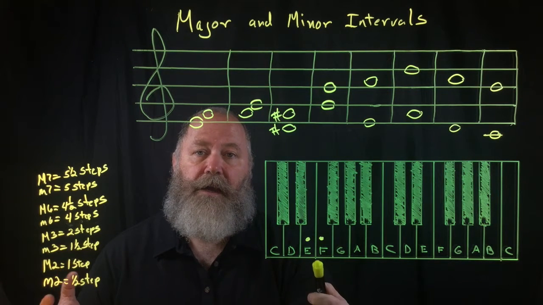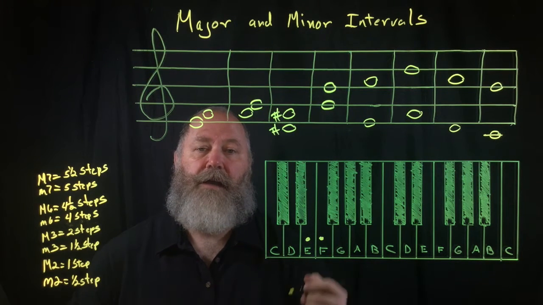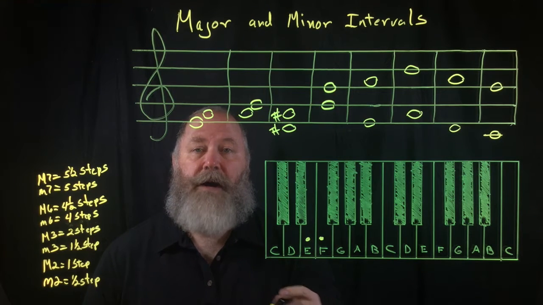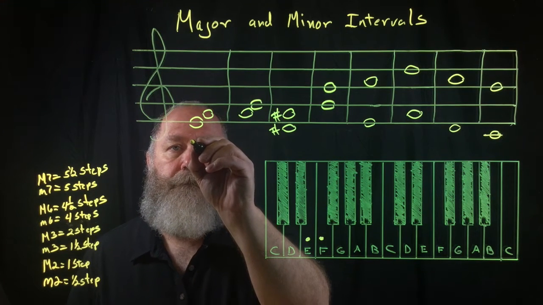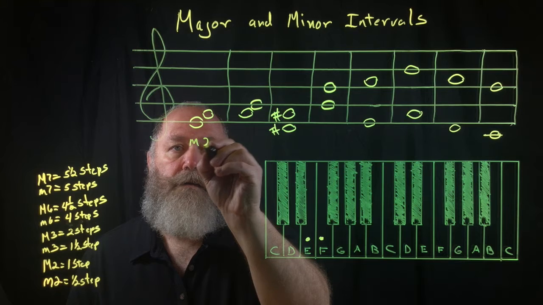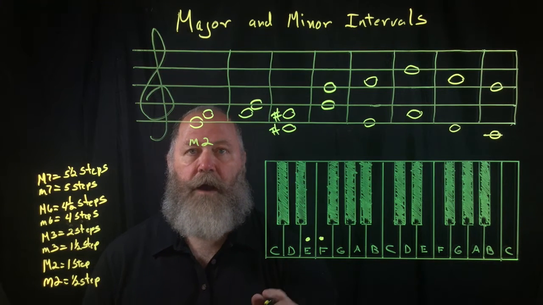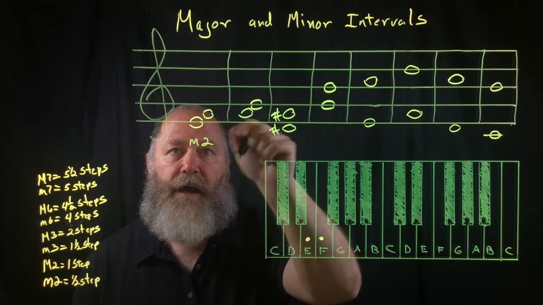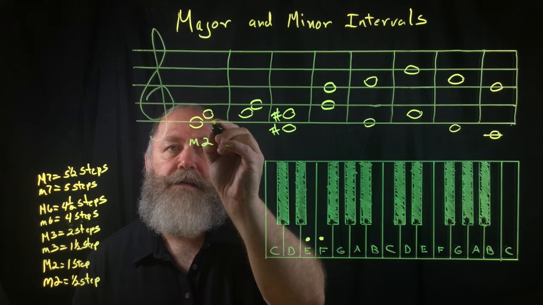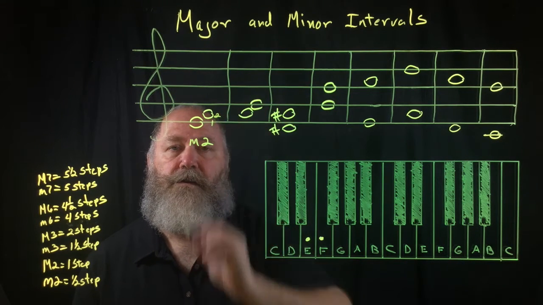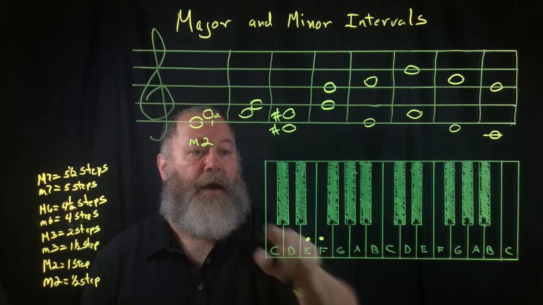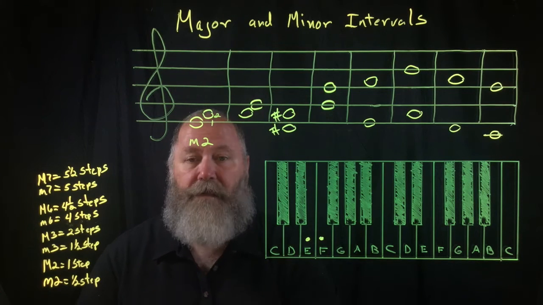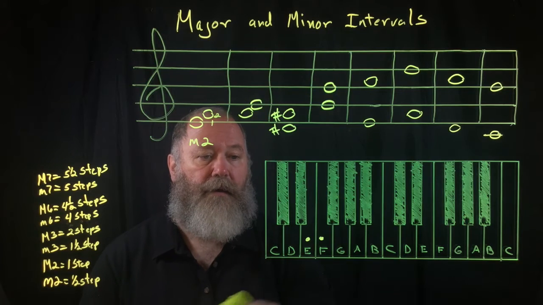So that is only a half step. We're going to say that interval is a minor second, or lowercase m2. Also, when we look at it on the staff, counting the lines and spaces, 1, 2, tells us it's a second, and because it's only a half step, that makes it a minor second.